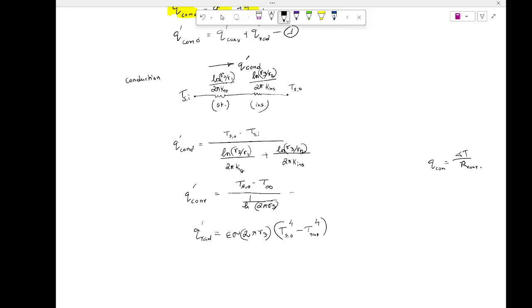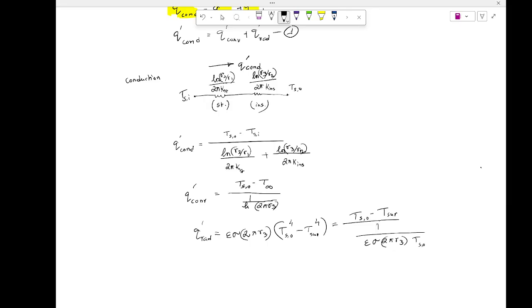I intentionally did it. If you want me to intentionally write this, I said I don't want to do the radiation. But if I'm going to intentionally write the radiation, then this would look like this: epsilon sigma 2 pi R3 multiply.